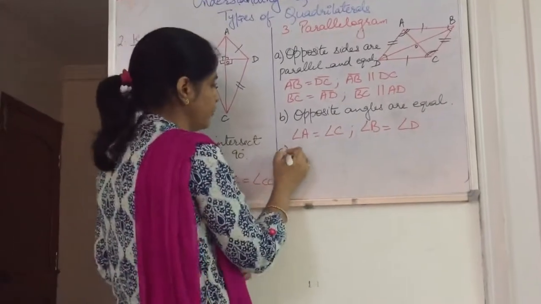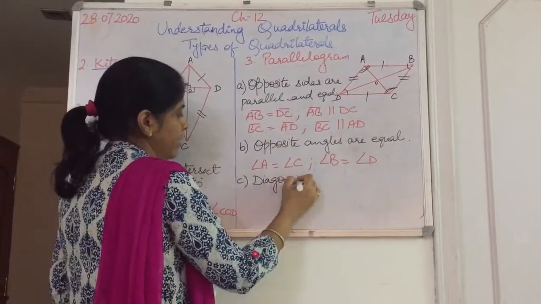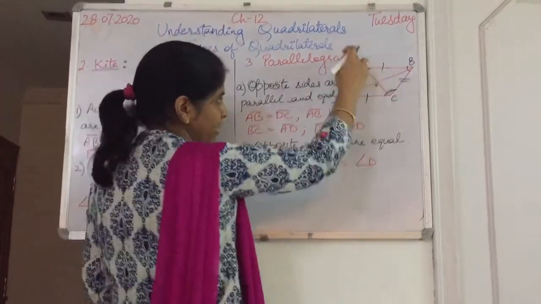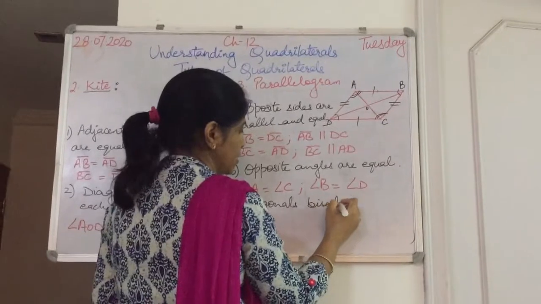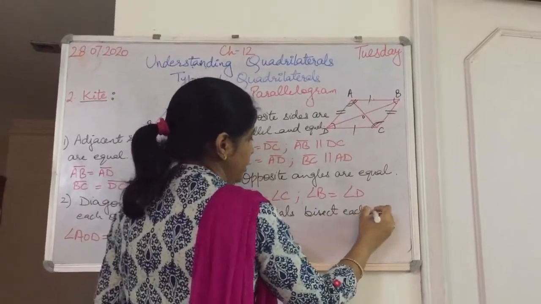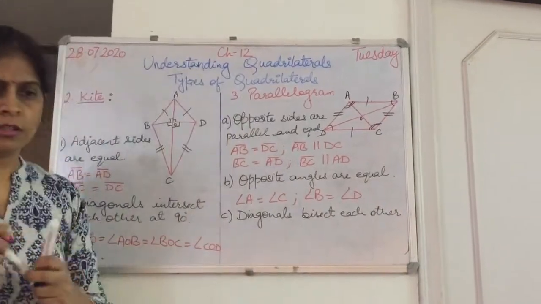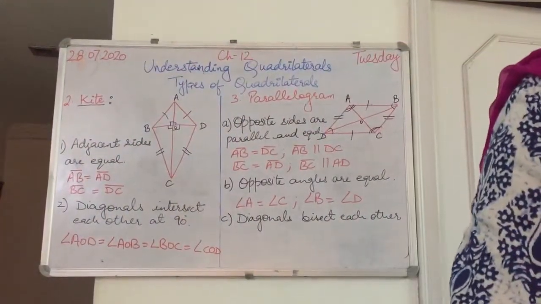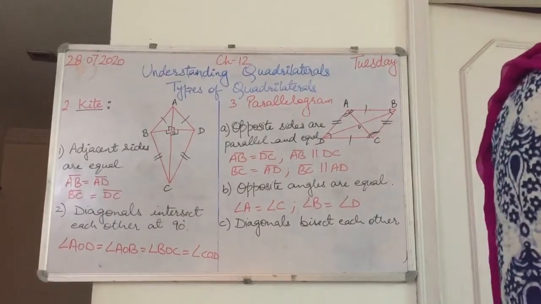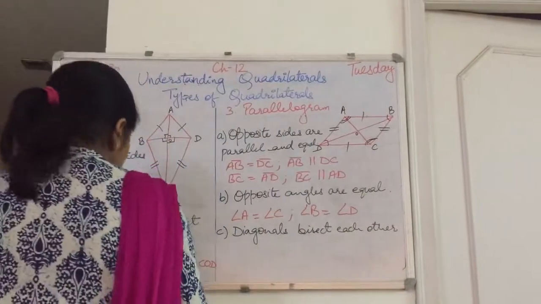Now the third condition: diagonals, meaning AC and BD, bisect each other. Yes, so what the property says is diagonals bisect each other.